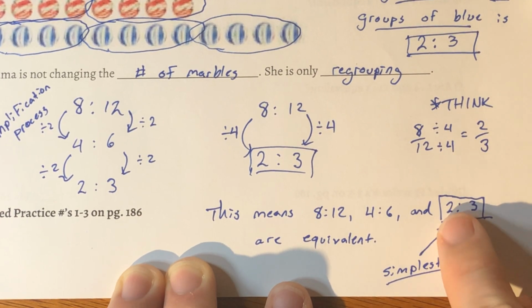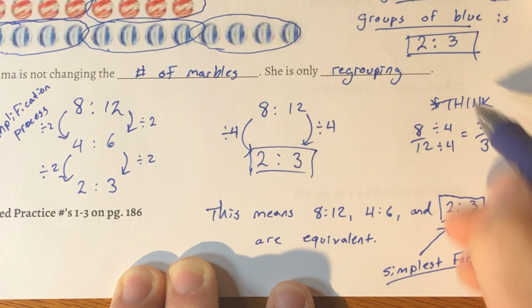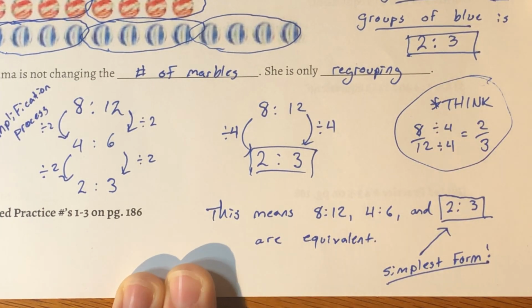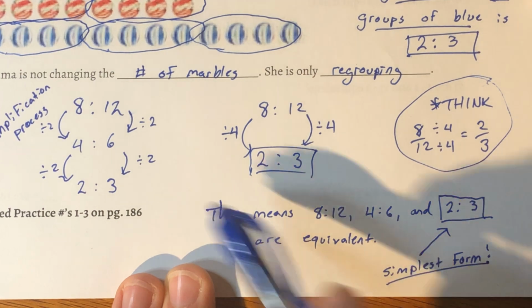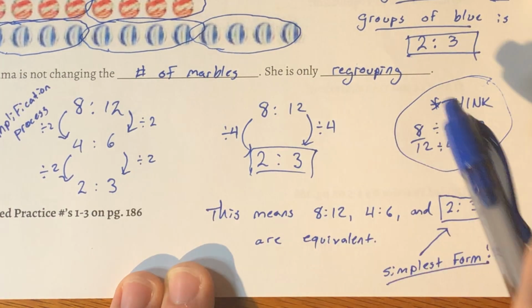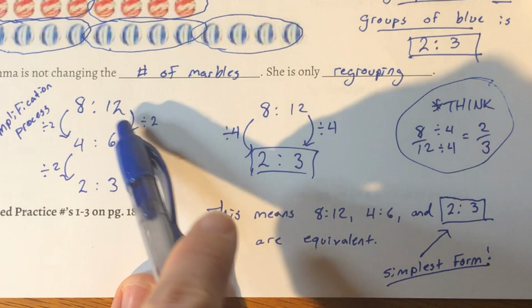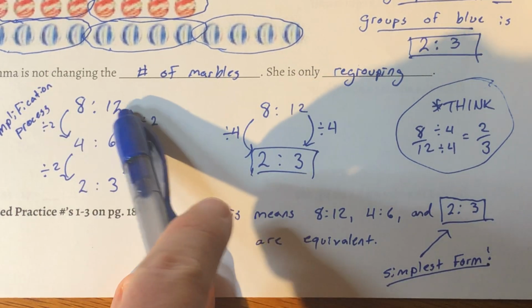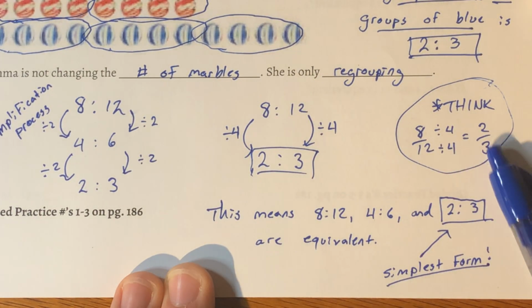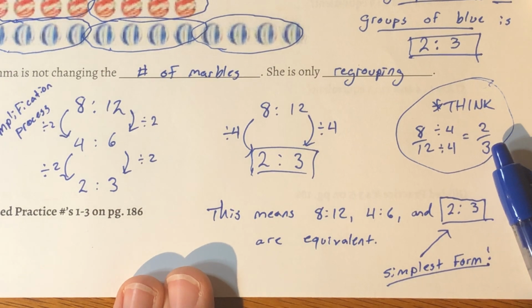Notice, 2 over 3, 2 to 3. That's the same thing. So simplifying ratios is just like simplifying fractions. The only difference is ratios are written like this typically, whereas fractions like that. But really, they are the same thing. Alright, let's move on.